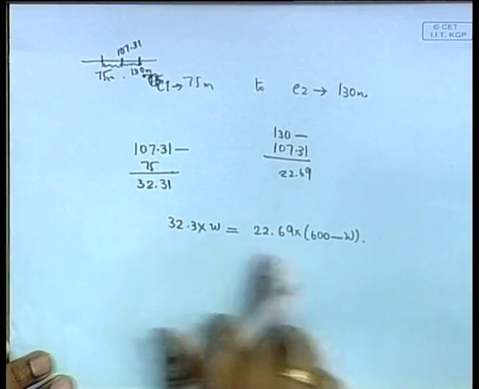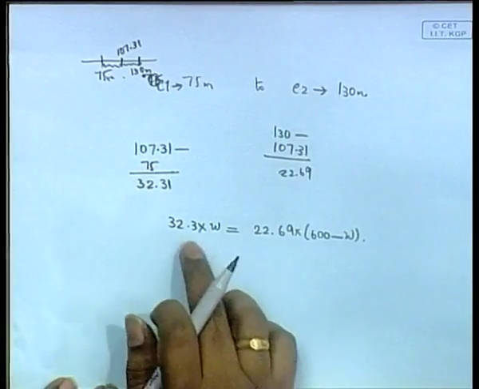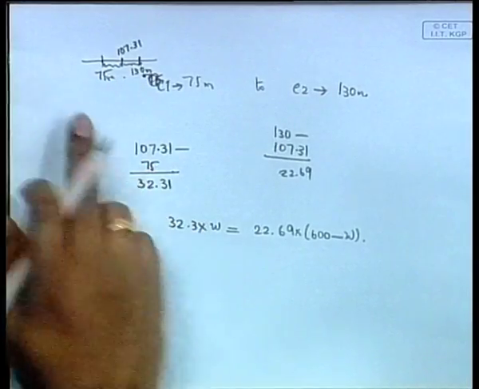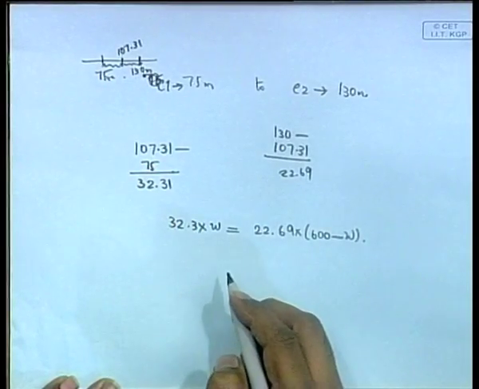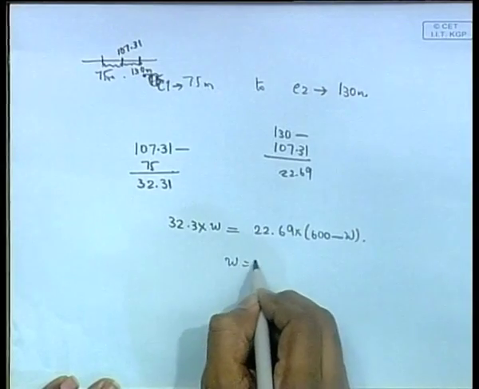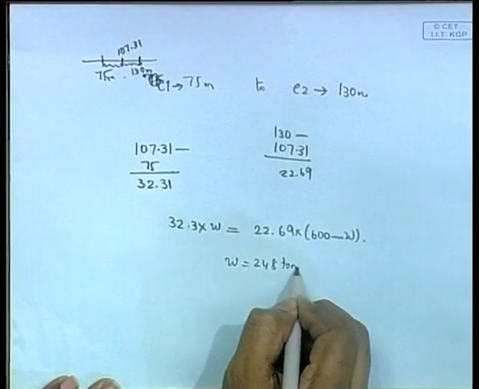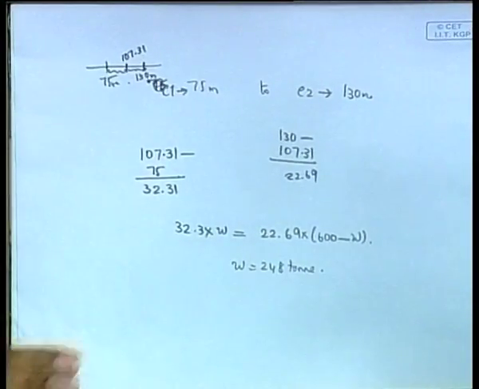Now we just find out the center of gravity, that is all. I think this is very obvious. Therefore what we are saying is that W of 248 tons of weight is added in the first compartment, the remaining 352 tons of weight is added in the second compartment, and when you add it like this, it will produce a center of gravity at some point.